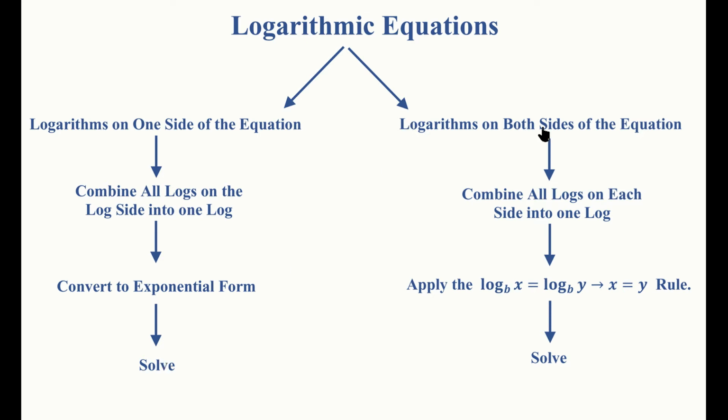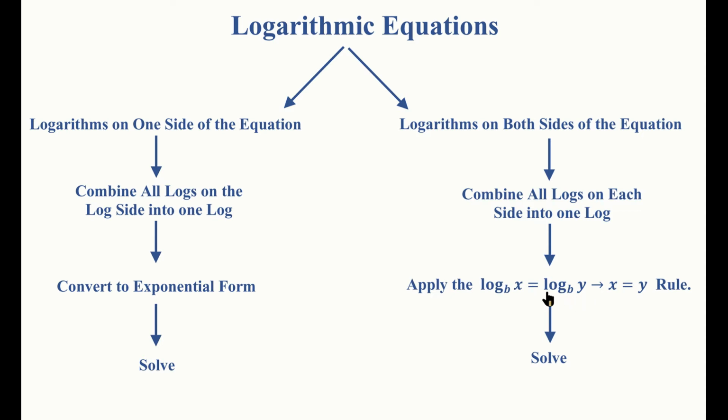Now, if the logarithms are on both sides of the equation, then we're going to want to simplify both sides in the same way, meaning make all the logarithms on each side turn into one log using the techniques we learned in the last couple of sections. And then we're going to basically end up with this kind of expression, because we're going to have just one log on the left side and one log on the right side.